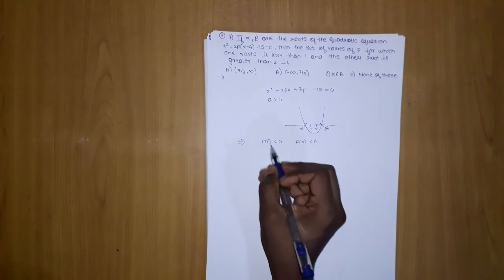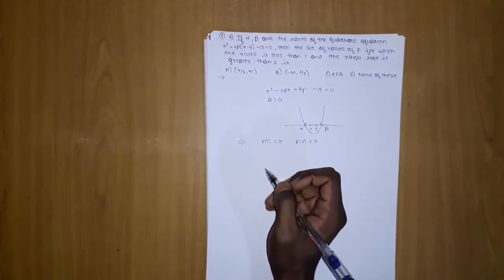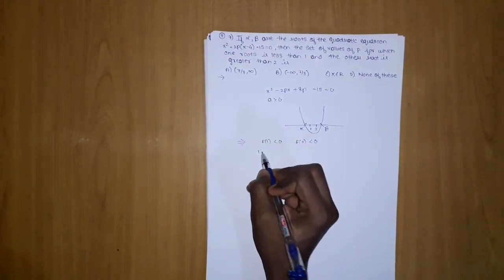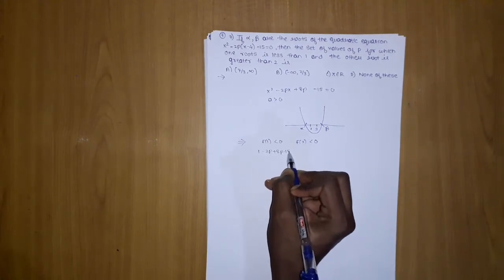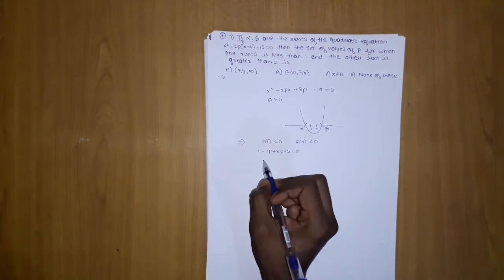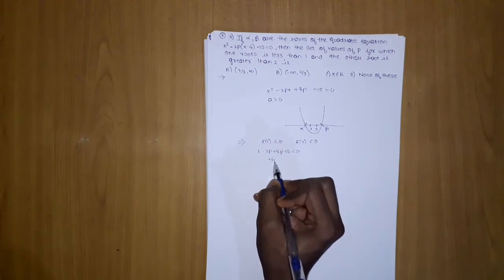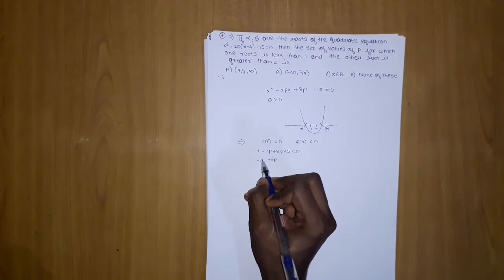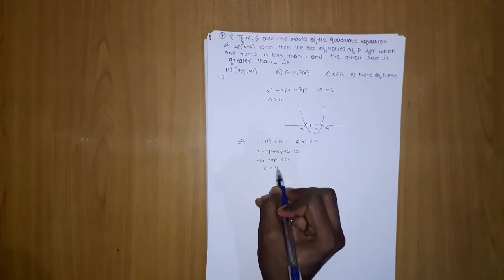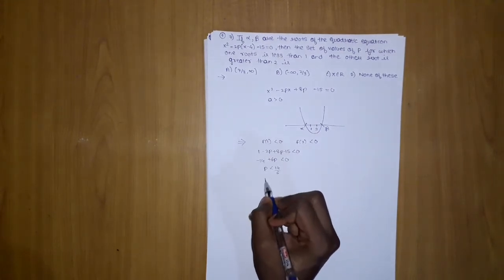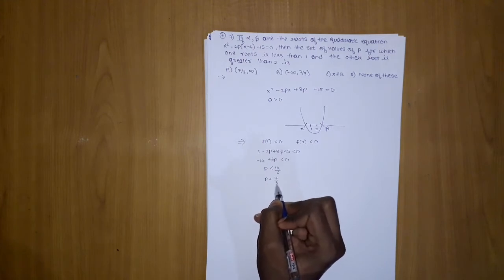So we will do f of 1 less than 0 first. Just put 1 minus 2p plus 8p minus 15 less than 0. We get 6p minus 14 less than 0, so p is less than 14 by 6, that is 7 by 3.